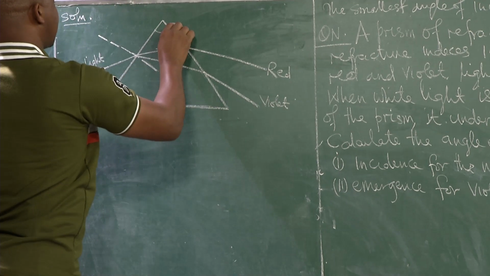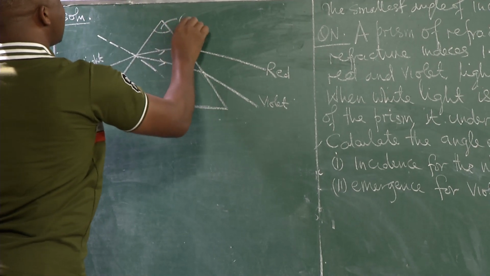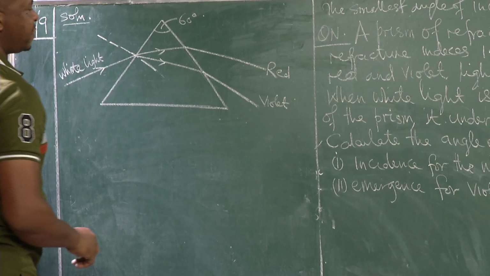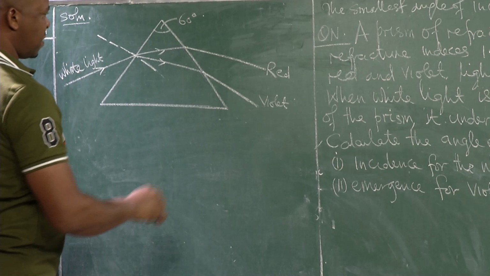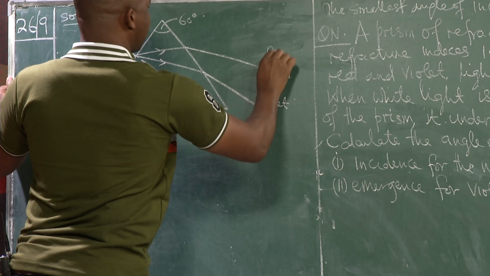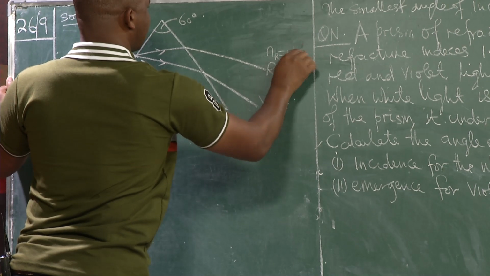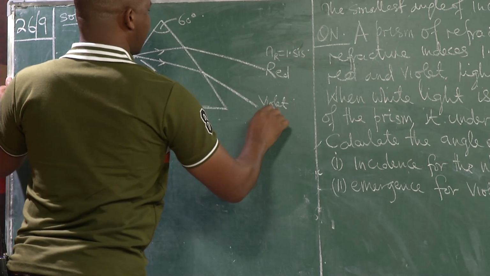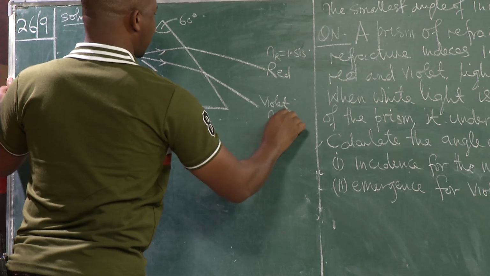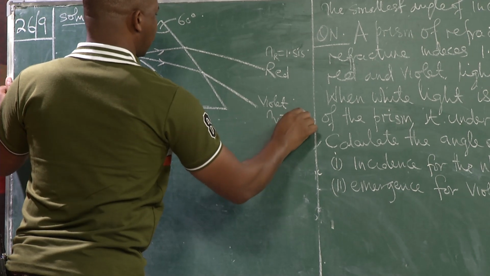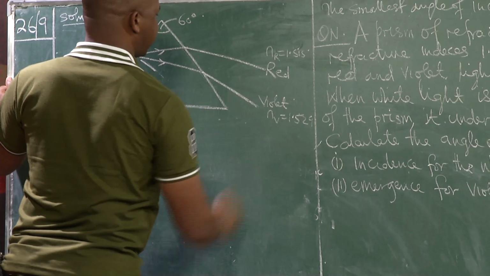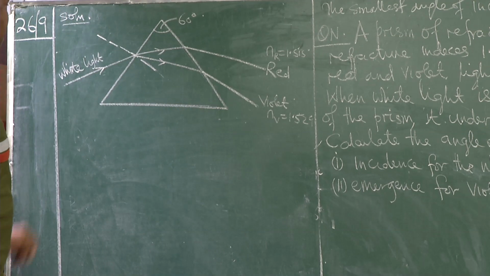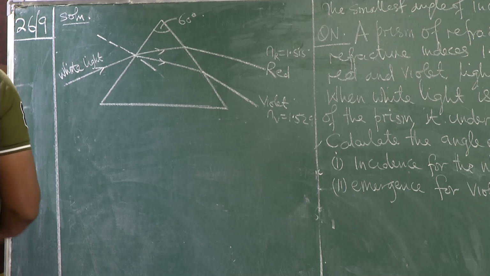They have told us that this angle is 60 degrees. And they have given us the refractive index here for the red light as 1.515 and the refractive index here for the violet light as 1.529. They are telling us to calculate the angle of incidence for the white light.